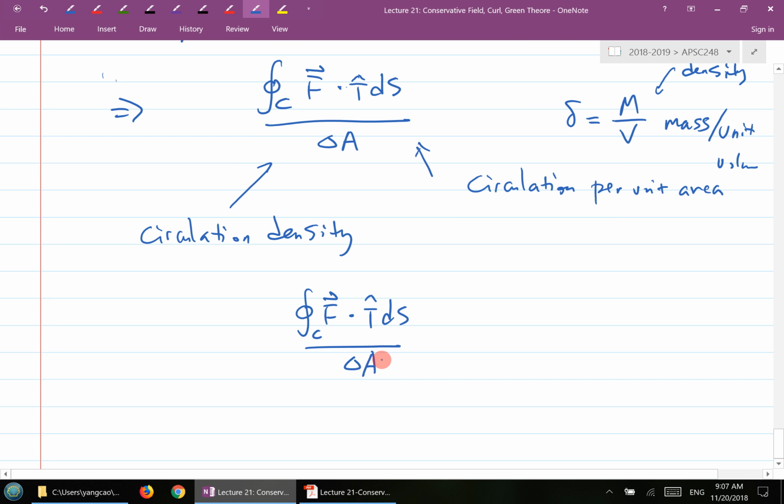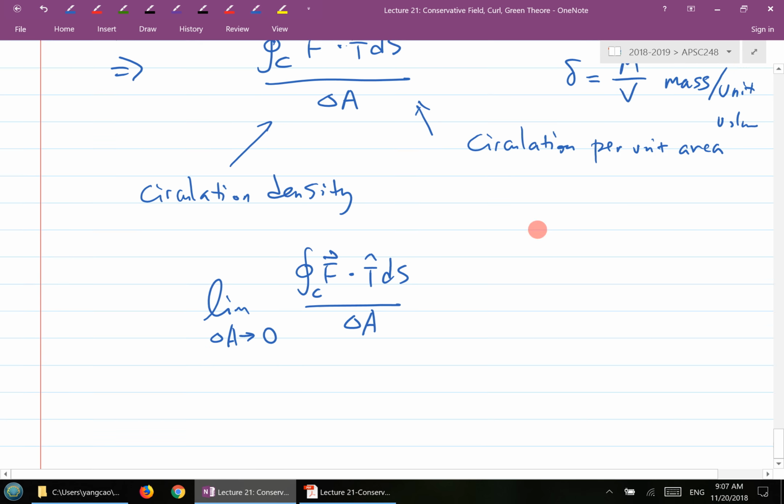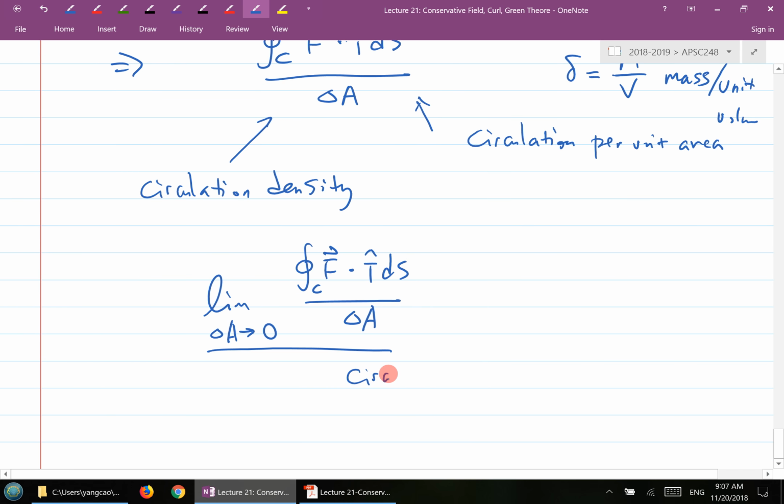So I'm going to let this delta A go to 0. I take a limit here, letting delta A go to 0. If I do this, this becomes the circulation density at a certain point.